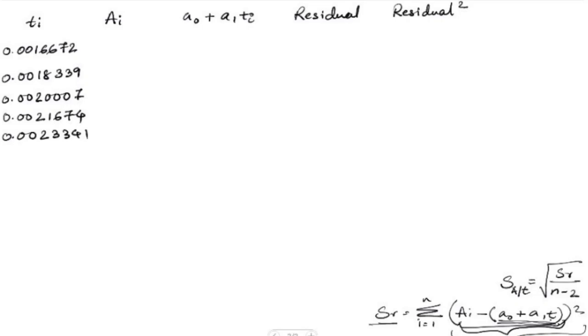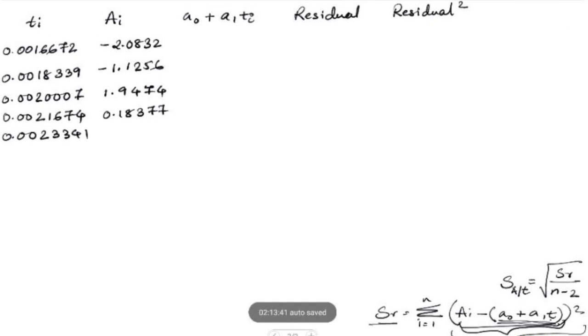The ai values given to us for these time data are minus 2.0832, then we have minus 1.1256, and then we have 1.9474, and we have 0.18377 here, and then we have 2.6264.